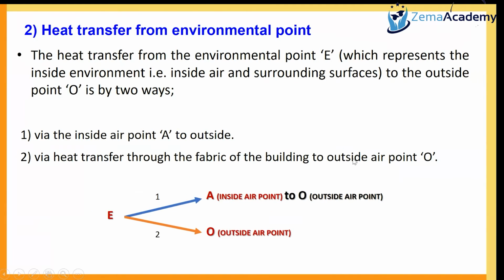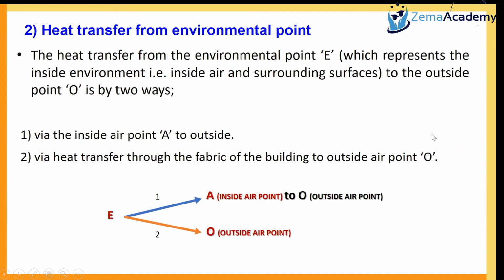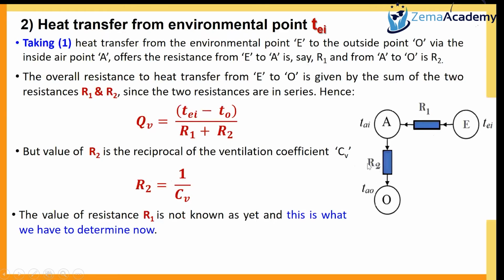Why? Let me show you over here. Remember this point? Any heat that is transferred from inside air to the outside air via ventilation, the resistance offered will be based on the reciprocal of the ventilation conductance. So based on this information, this R2 is actually 1 over CV. I hope this is clear.